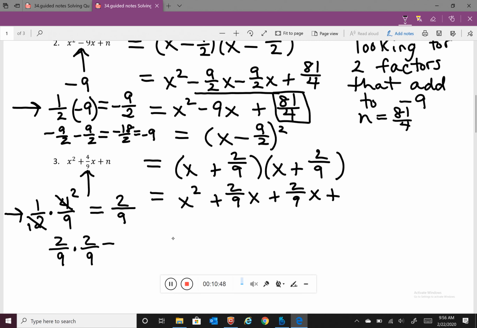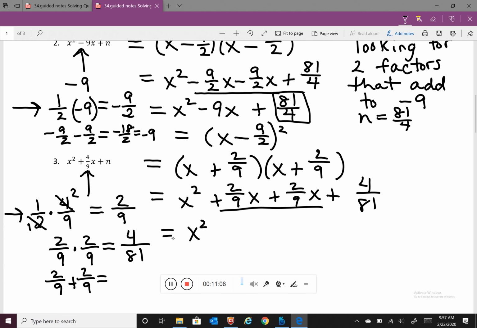So we multiply our numerators, we multiply our denominators, and we have 4 over 81. And then here, 2/9 plus 2/9, we have a common denominator, and so we add our numerators, which produces 4 over 9, which is what we had originally.